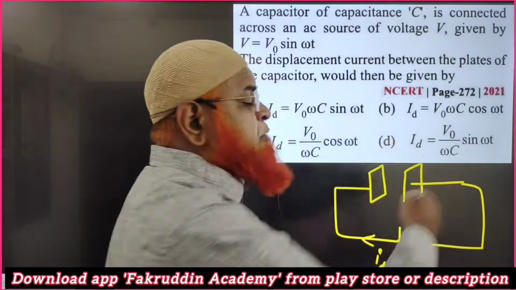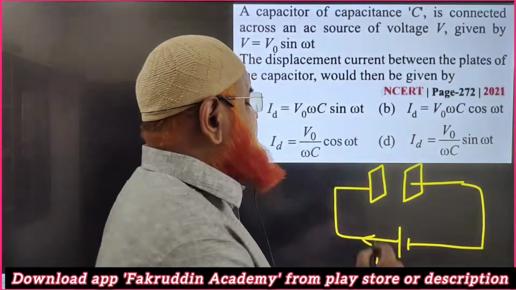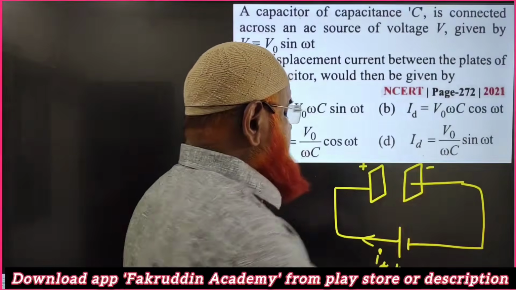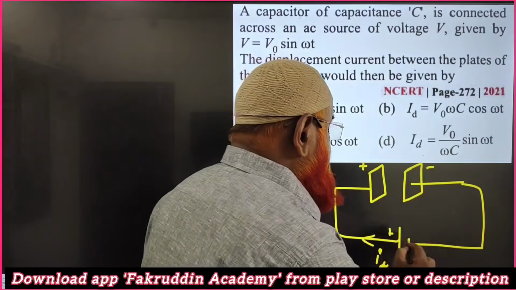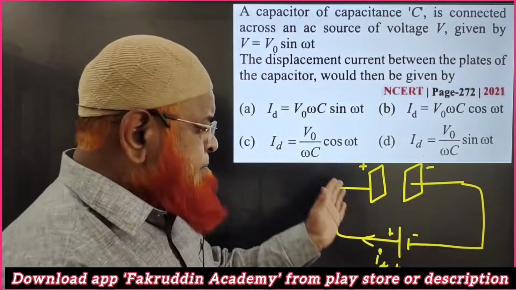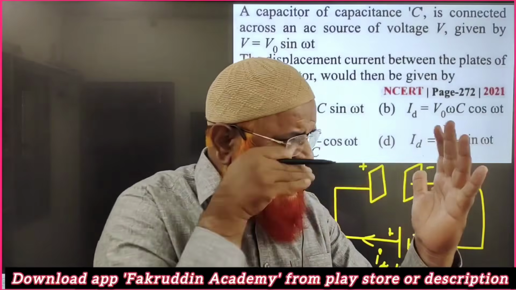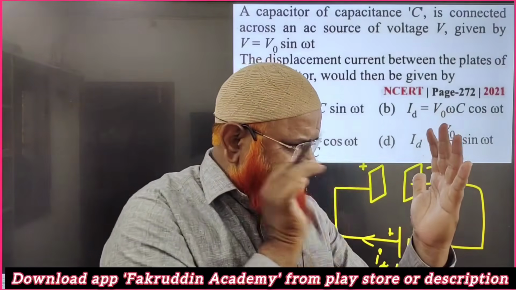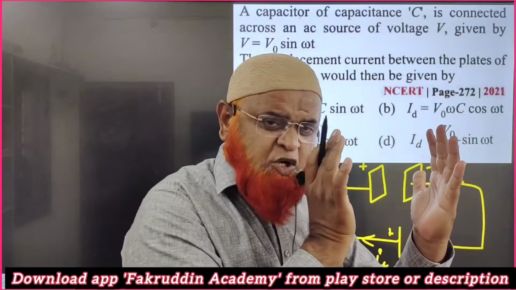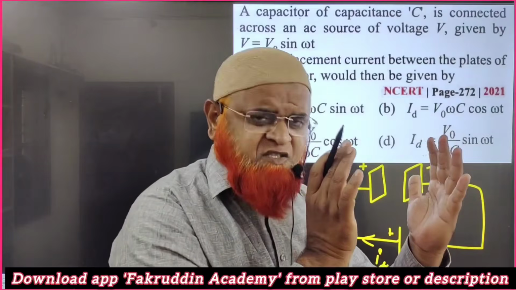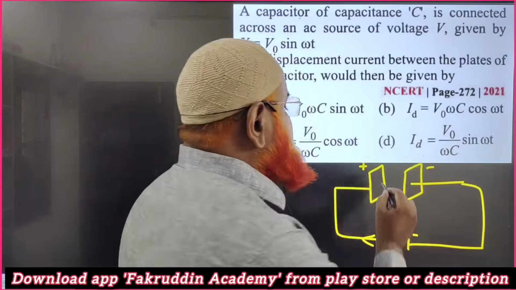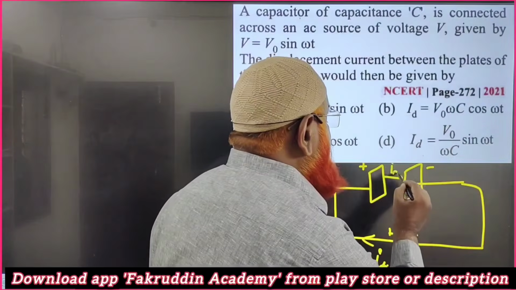This is a cyclic process. The capacitor has positive charge and negative charge because it is connected to positive and negative terminals. But in between the capacitor plates there is a gap. In this gap the current passing is said to be displacement current, and this displacement current we have to find out.